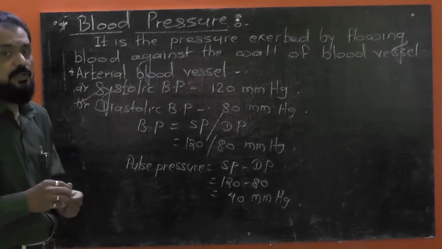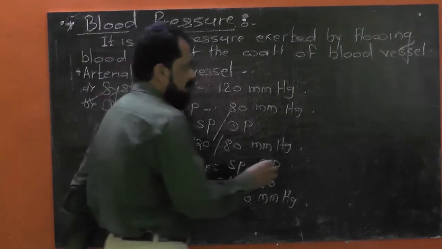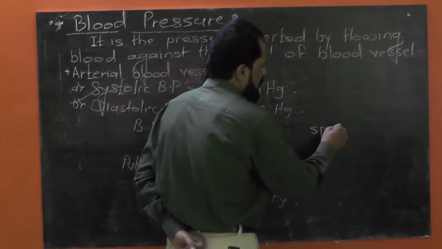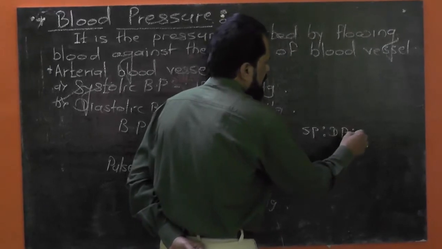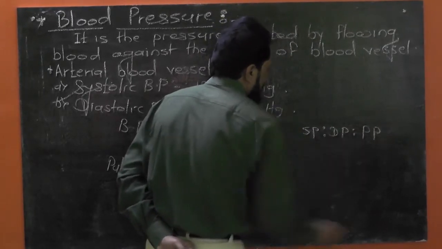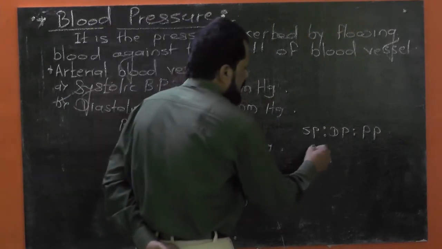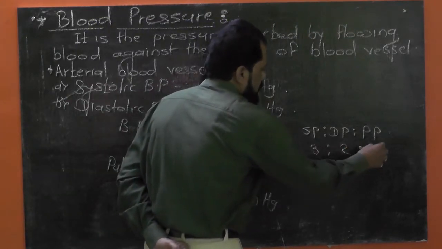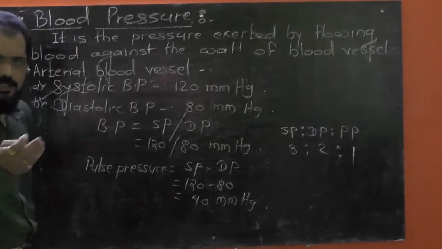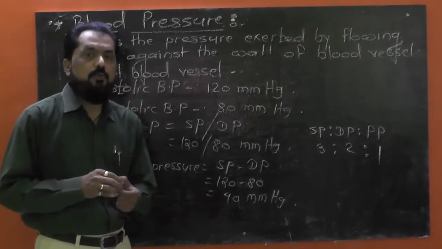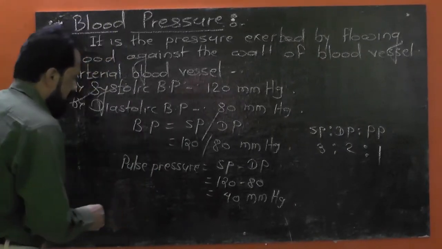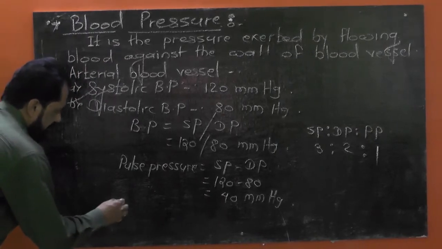Therefore, it is also represented that the ratio between systolic pressure, diastolic pressure and pulse pressure in normal adult human being is 3:2:1. In addition to that, I would like to tell you one more definition, that is mean arterial pressure.